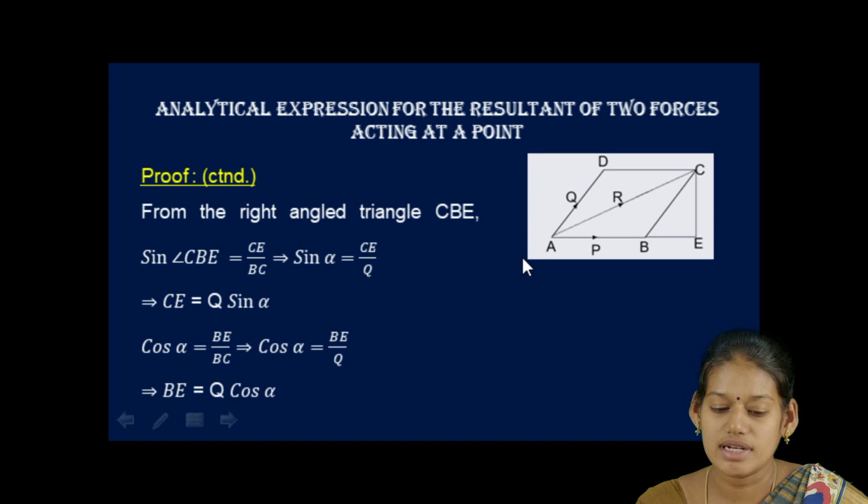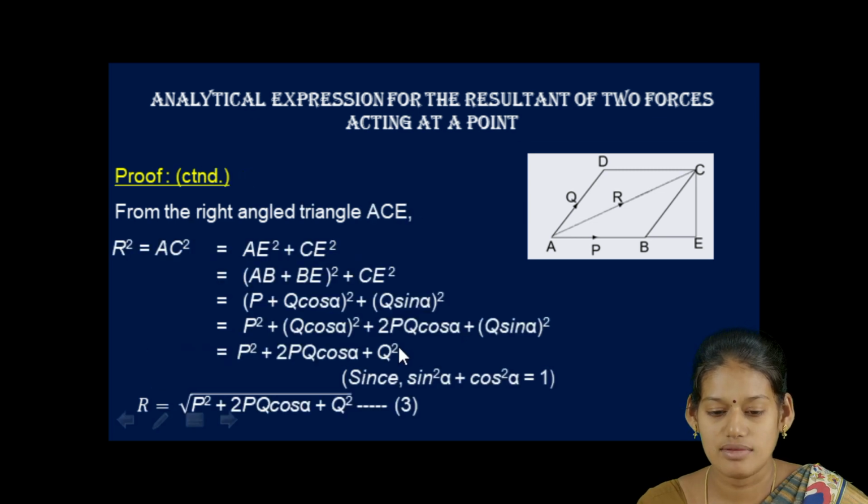So we write sin alpha equals CE by Q, and we get CE as Q sin alpha. Similarly, cos alpha is adjacent side by hypotenuse, so cos alpha equals BE by Q, and BE is Q cos alpha.